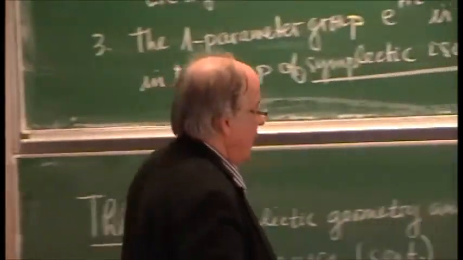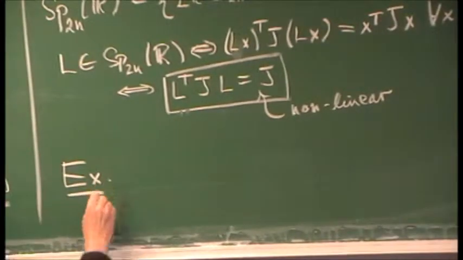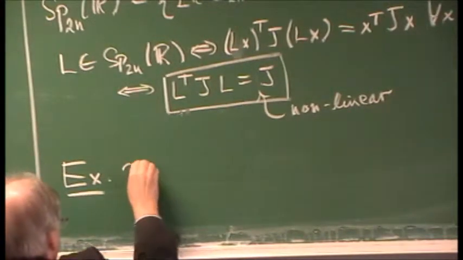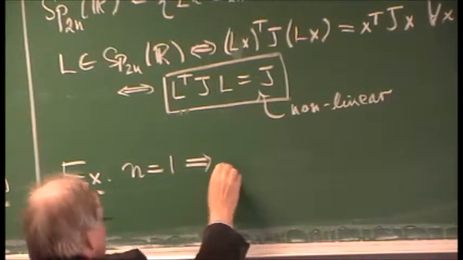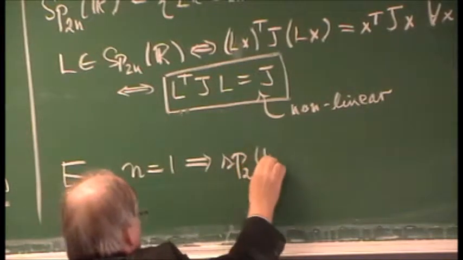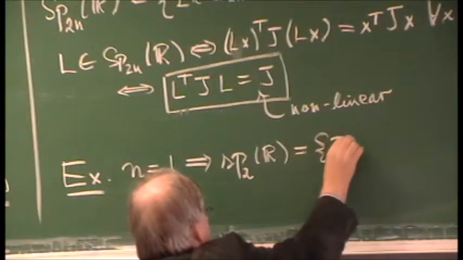Okay. So last time I did an example. I'm just reviewing still, where these equations are easy to understand. For n equals 1, what's sp(2, R)? It's just the trace-free matrices.